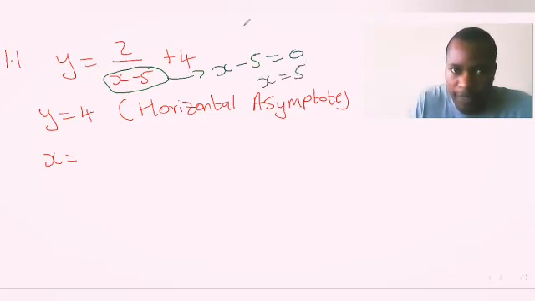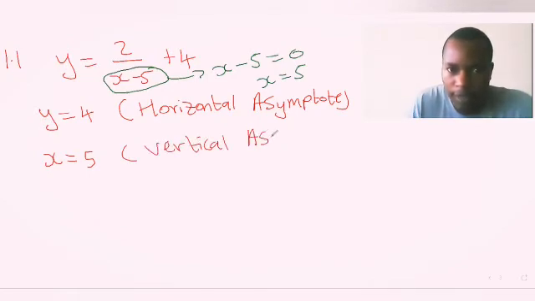So the vertical asymptote is x equals 5. Remember that these are values that the graph itself cannot be.